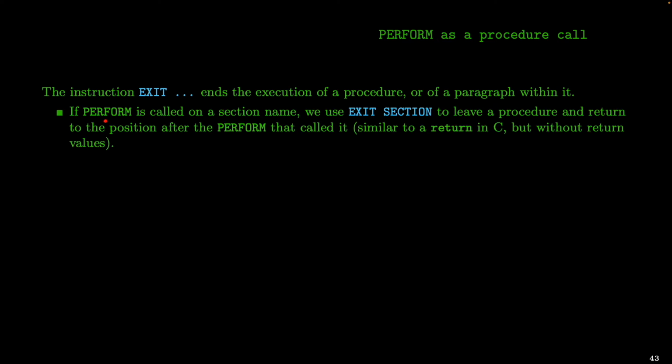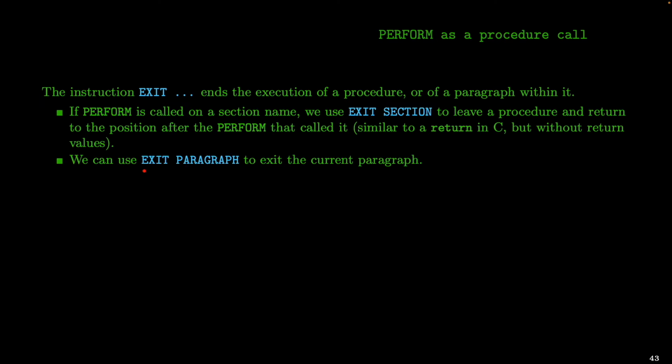If you call perform on a section name, then you would use exit section to leave the procedure, and you would return to the position just after the perform statement that you use to call your procedure. So this is in that sense similar to a return statement in C, but with the difference that you cannot return any value back to the main program.